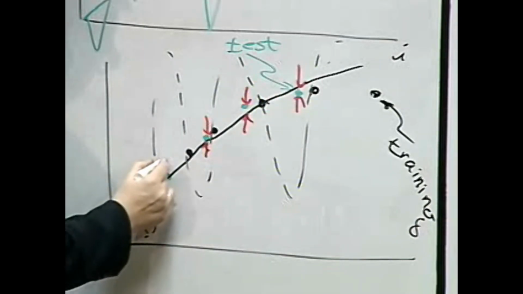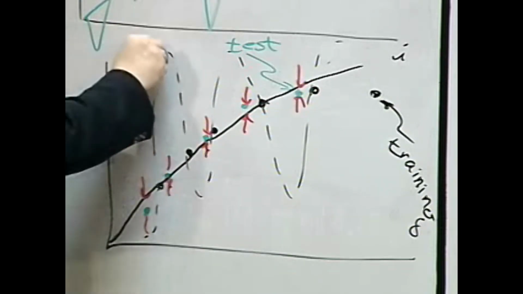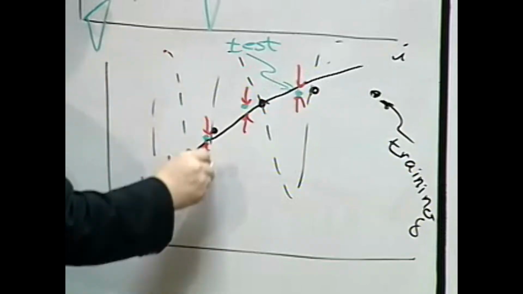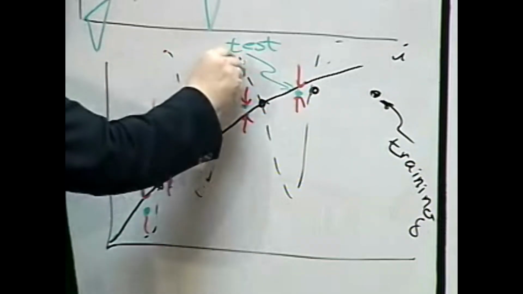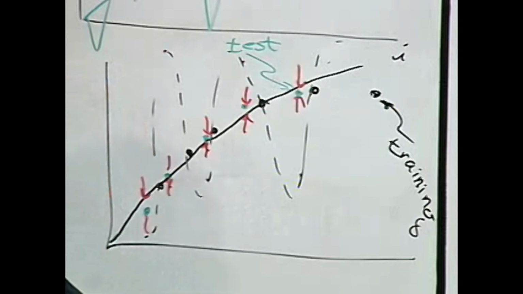And I look at the test data from the solid black line versus the test data from the dashed line. You can see that the error from the dashed line is going to be much larger than that from the solid line. So by saving this test data on the side, I'm able to train my neural network.